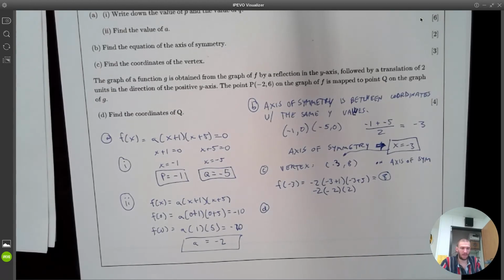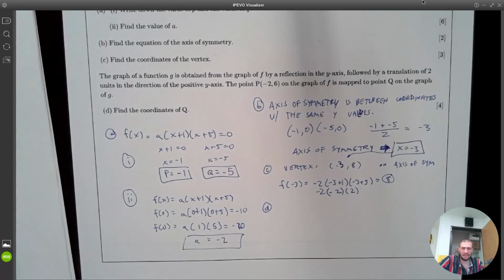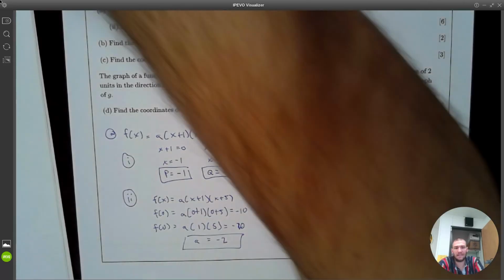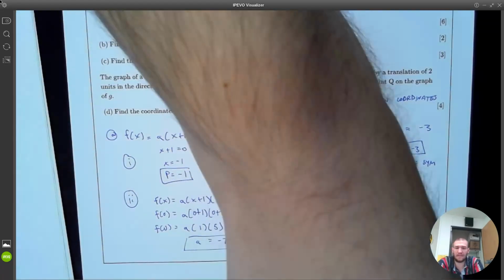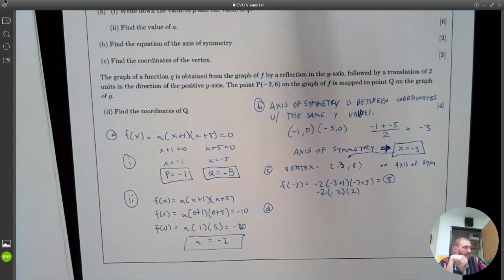Okay. Well, I need to make sure that I do a reflection in the y-axis. And so let's make sure, because the terminology is a little funky there. I want to make sure that, am I supposed to be reflecting it over the x-axis or over the y-axis?